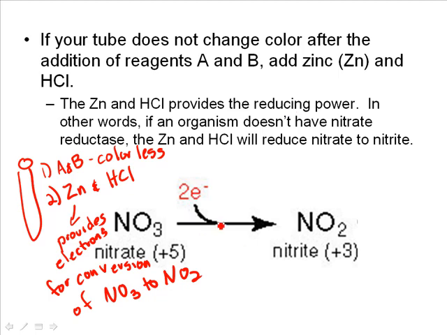So if your organism does not produce nitrate reductase, what's going to happen is the addition of zinc and HCl will take the nitrate that is present and reduce it to nitrite. So again, let me repeat. The function of zinc and HCl is to take the nitrate and further reduce the nitrate to nitrite.